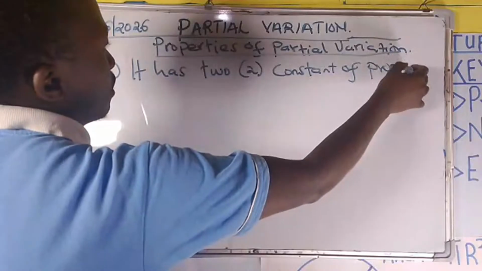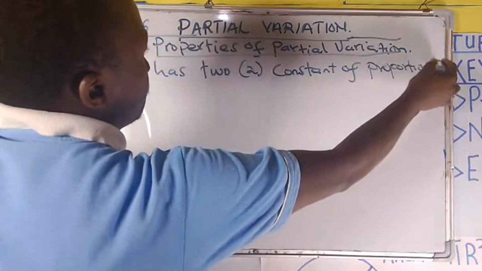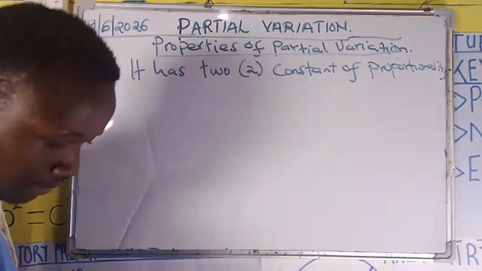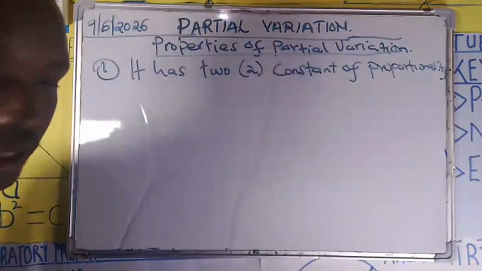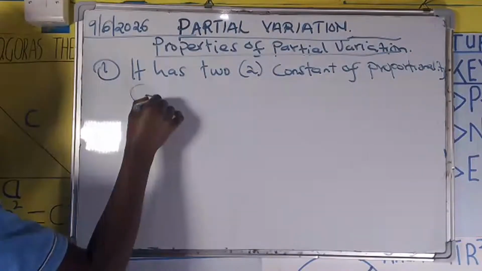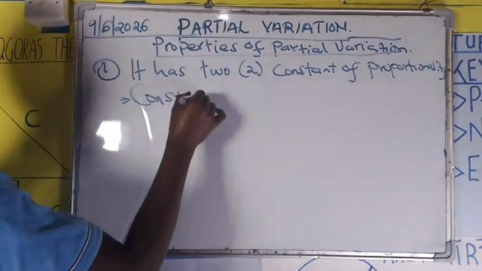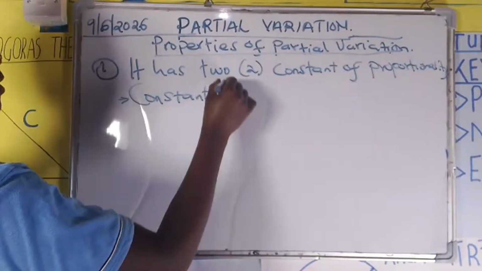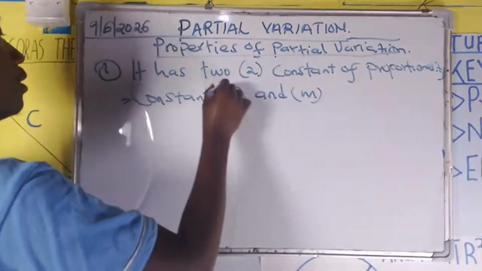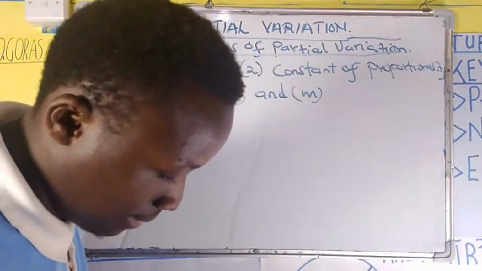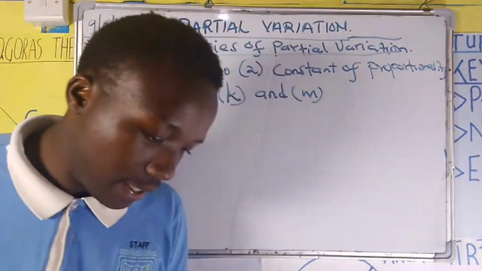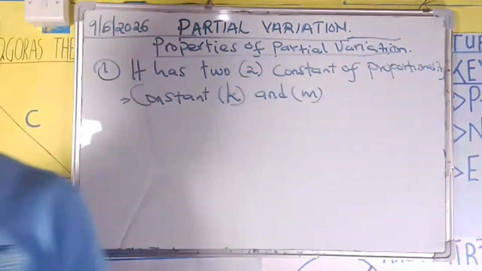In this case, I love using constants K and M. I prefer using those two. The other people who use K and C, it's also okay. But in this case, let us be using K and M as our constants of proportionality.